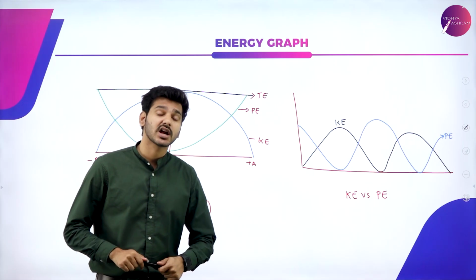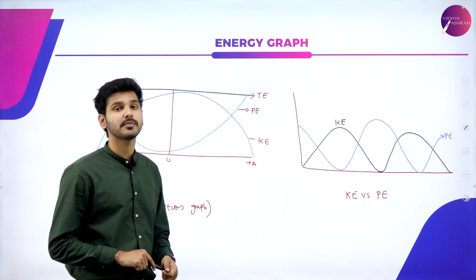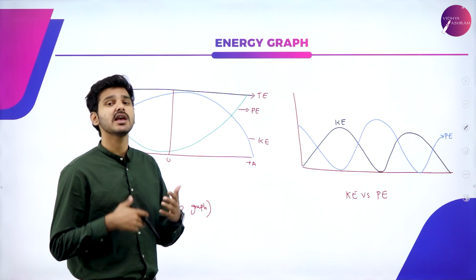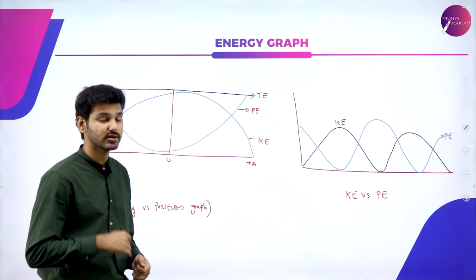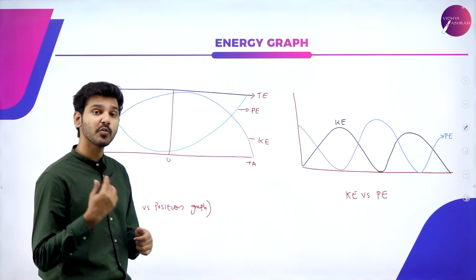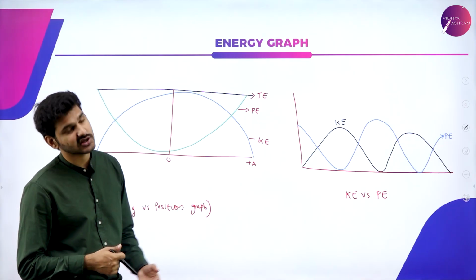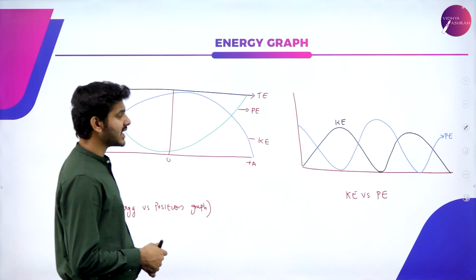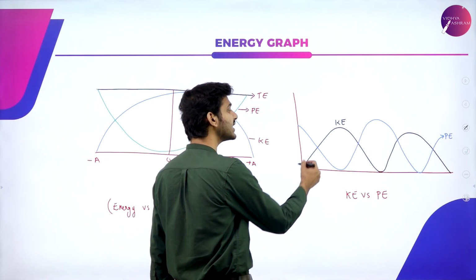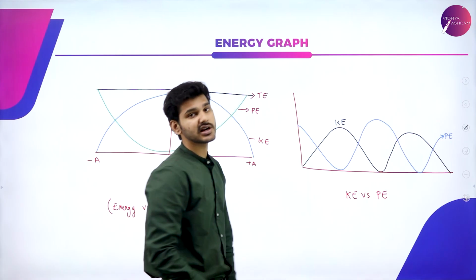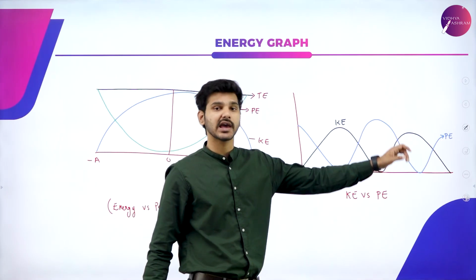These are the graphs that represent the kinetic and potential energy of a simple pendulum, or simply we can say that any particle which is executing simple harmonic motion will have the kinetic energy and potential energy depicted in such a manner. If you're taking kinetic energy versus potential energy, then kinetic energy will be a sinusoidal graph which is starting from the origin and propagating as such.